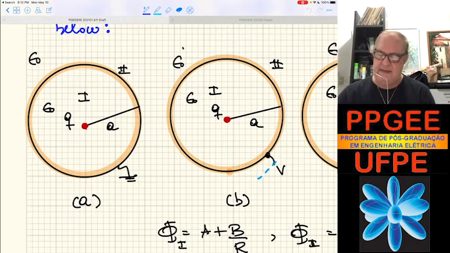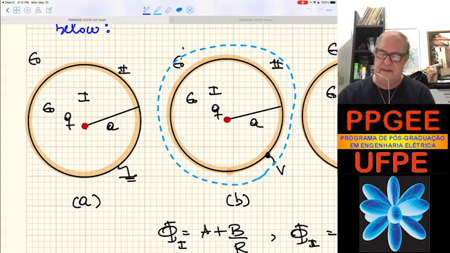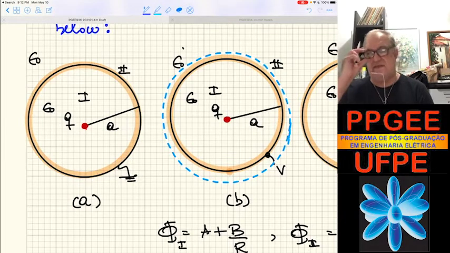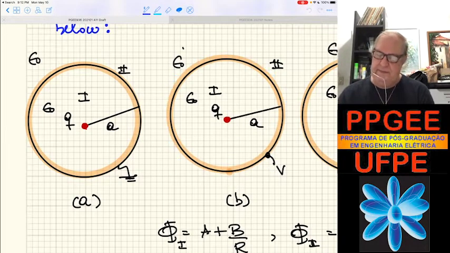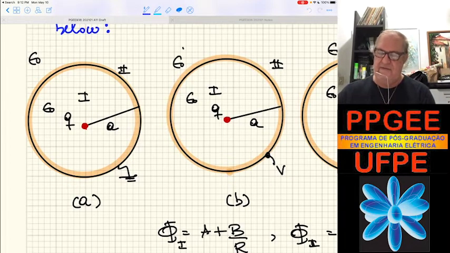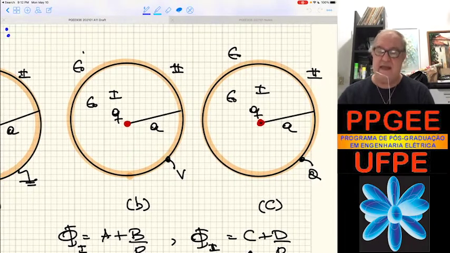The second case is a charge enclosed by a conductive spherical shell set at a constant potential V. It's a little different, right? And then finally, you're going to consider the last case.